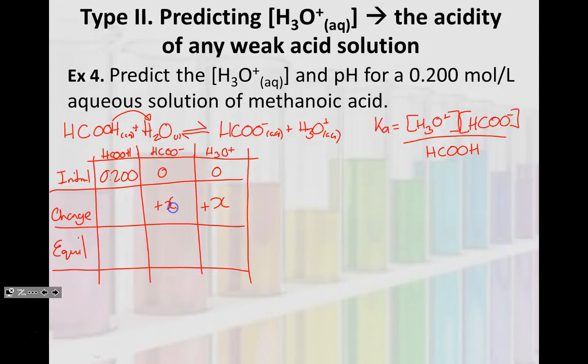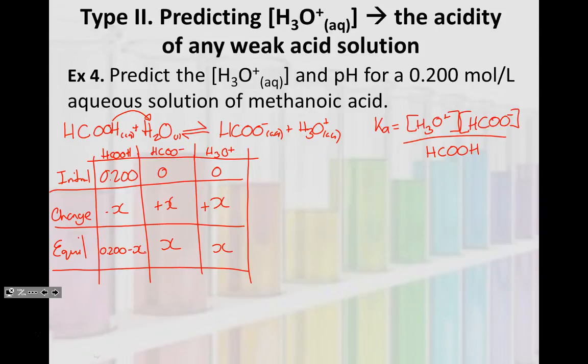These are increasing by some amount, we don't know how much, and because everything is in a 1-to-1 ratio, we're just putting X there. That means that the concentration of methanoic acid would be decreasing by some unknown amount. And so if I subtract all those rows, this is 0.200 minus X.